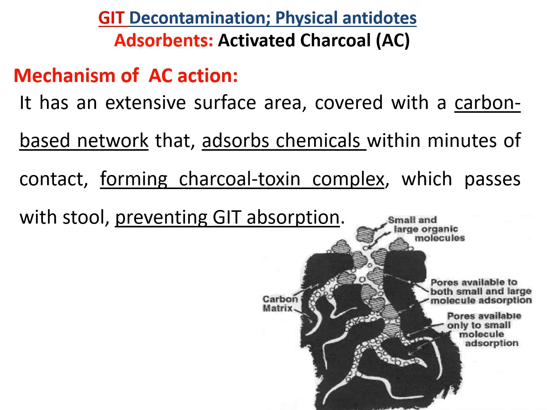These pores are the sites where toxins are adsorbed to activated charcoal with weak bonds, forming what is called the charcoal-toxin complex. So the toxin will pass with the charcoal-toxin complex outside the body through stool, and this will prevent or at least decrease the GIT absorption of toxins.